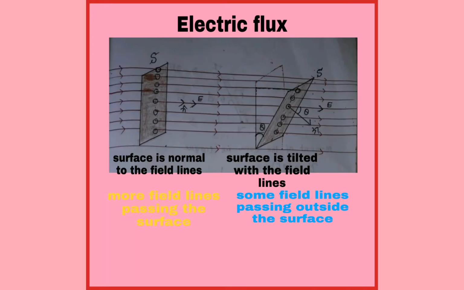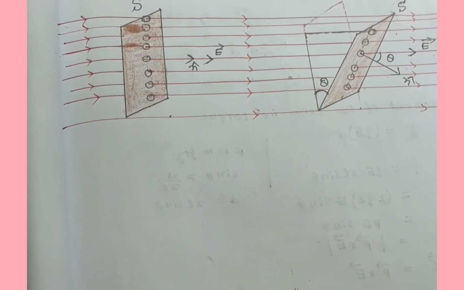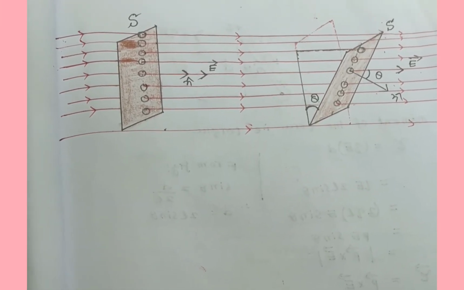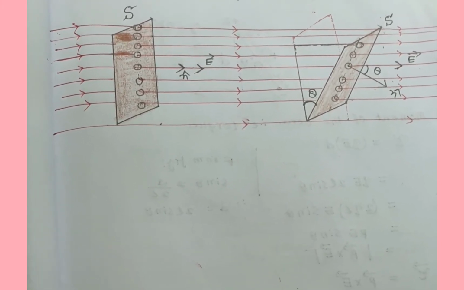In the given figure, I have shown two surfaces of equal area placed in a uniform electric field in a defined manner. We find out the electric flux in the two cases. Here in the first figure, the surface is normal to the electric field lines.